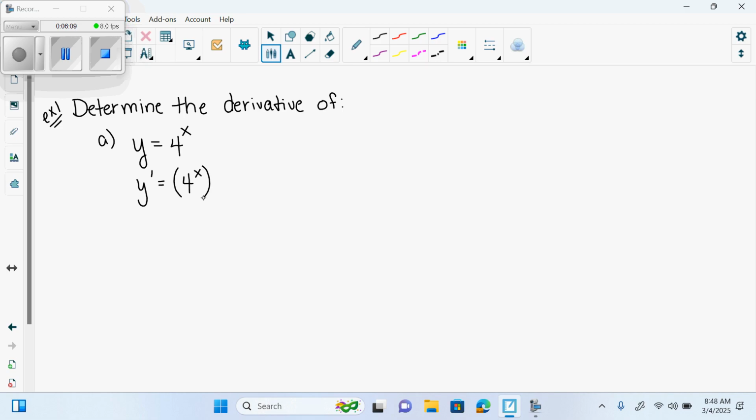The second chain is to ln the base, so ln 4. The last chain is the derivative of the exponent. What is the exponent? Yeah, derivative of it is 1, because the exponent is x. So you don't have to write that 1, so it's 4 to the x ln 4. Sometimes they write ln 4, 4 to the x. Doesn't matter, it's multiplication, right? So they can be any order.